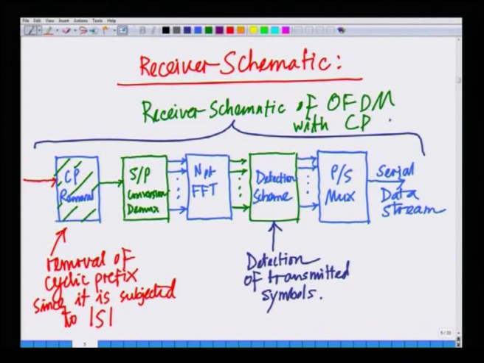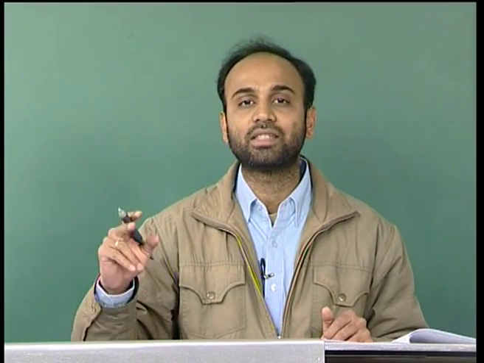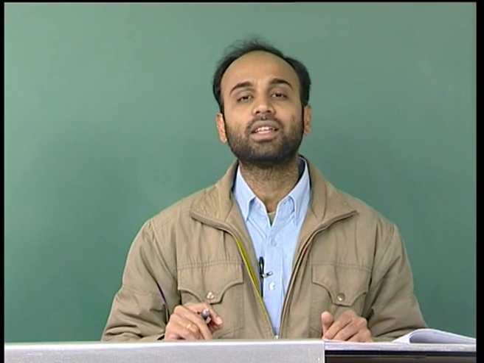That is the most important part. Remember, this is with the addition of the cyclic prefix. Hence, this is the receiver schematic of the OFDM system with the cyclic prefix.